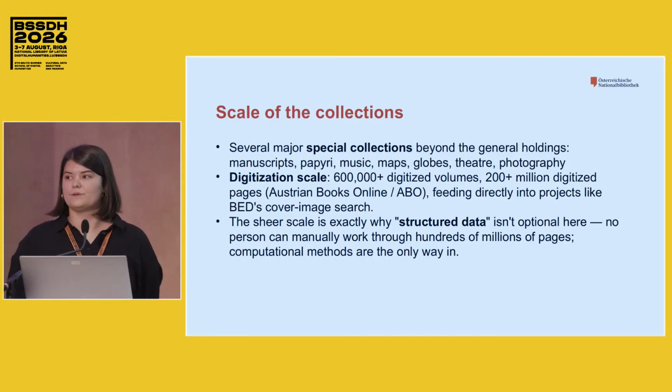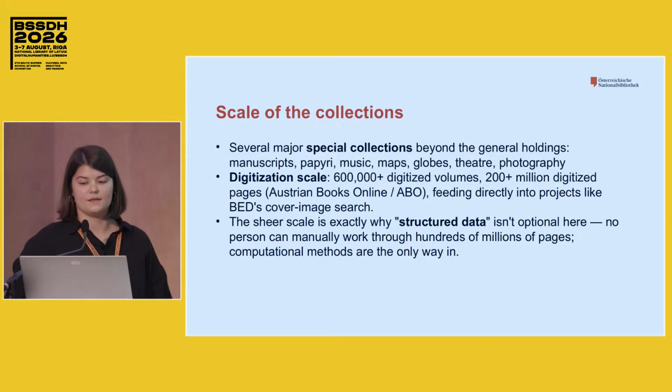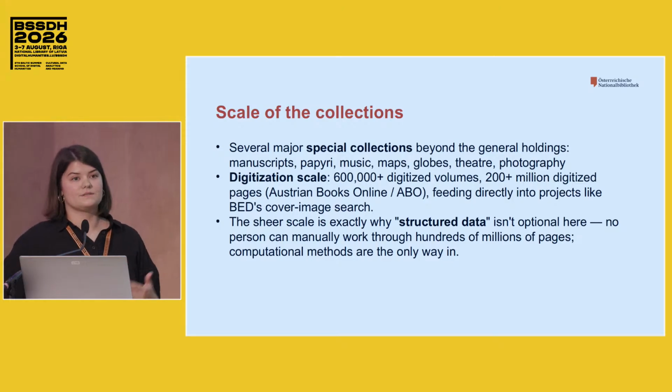But to give you some numbers, we have over 200 million pages of books digitalized, through the project Austrian Books Online, which is in cooperation with Google. This really helps us to get these amounts of digitalized pages.